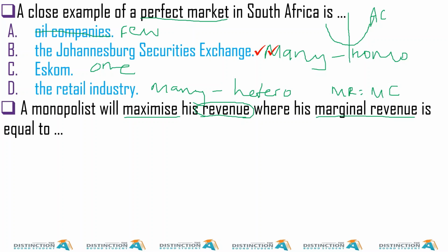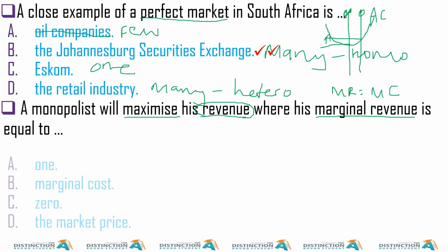So let's say this is your profit maximizing output, but let's say revenue is maximized at this point, according to whatever answer we are going to see just now. Look at the cost here and the cost there. You see, on this first one the cost is lower than here. Here the cost has gone up.